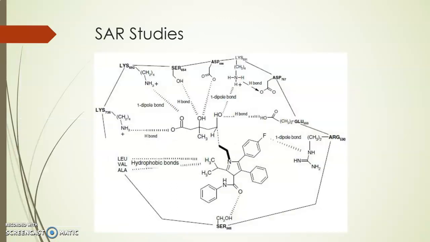Here is a model of what the binding site looks like in the reductase. Here we have our fluorophenyl group binding to our arginine, our amide group binding to our serine, our isopropyl hydrogen bonding and hydrophobic interactions over here, and then our HMG-like moiety right over here.